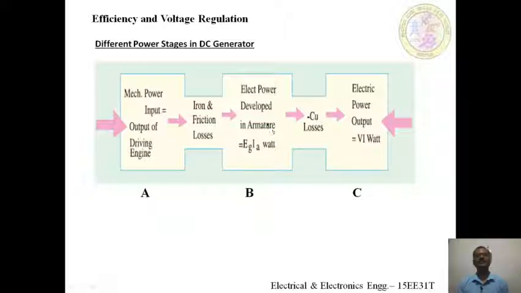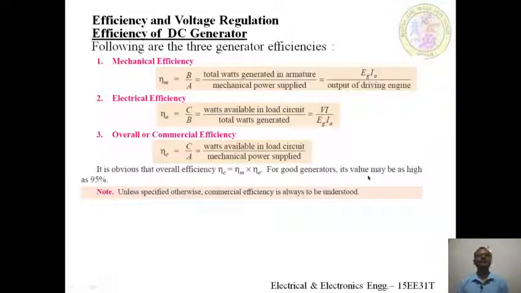Based on this, we are calculating different efficiencies for the generator. Now we will see the three different generator efficiencies we usually use, based on the power stages we have studied: from mechanical power applied to the generator, to the power developed in the armature, and then the actual power or output power available at the output terminal.